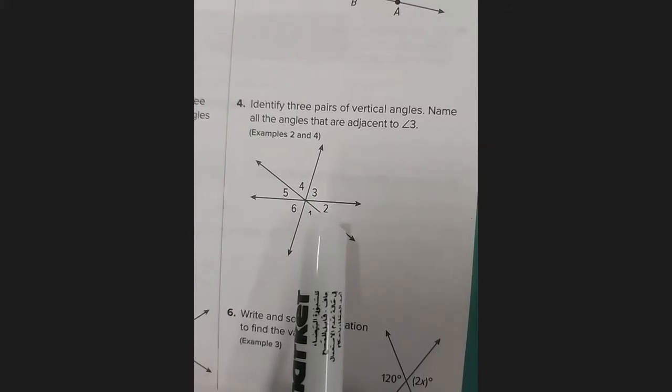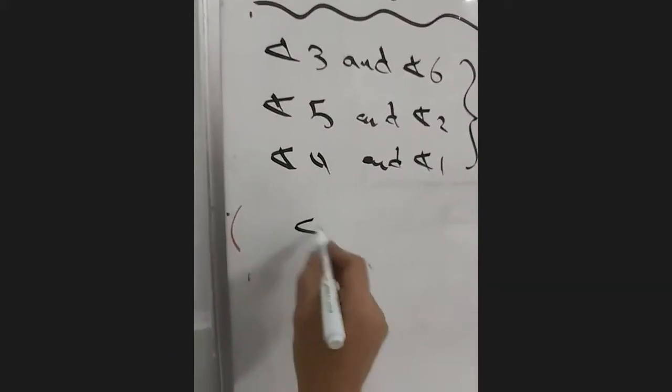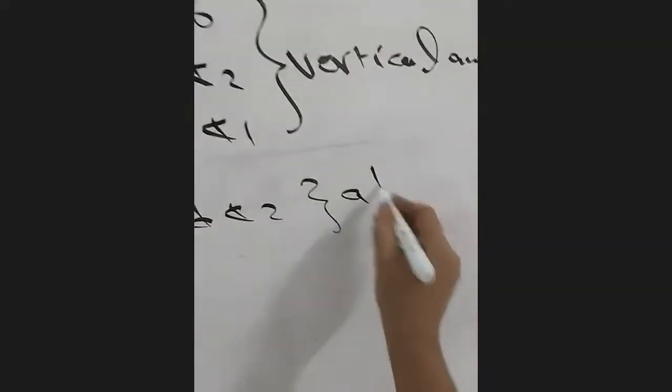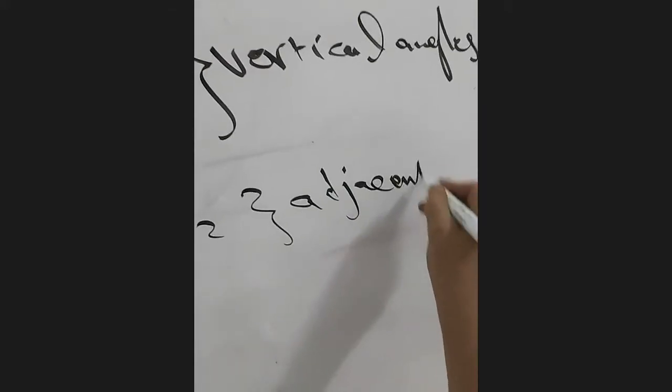We can say, guys, angle 2 and 1 together is adjacent for angle 3. Angle 4 and 5 together is also adjacent for angle 3. But let's stay with 4 and 2. Angle 4 and angle 2 are adjacent for angle 3.